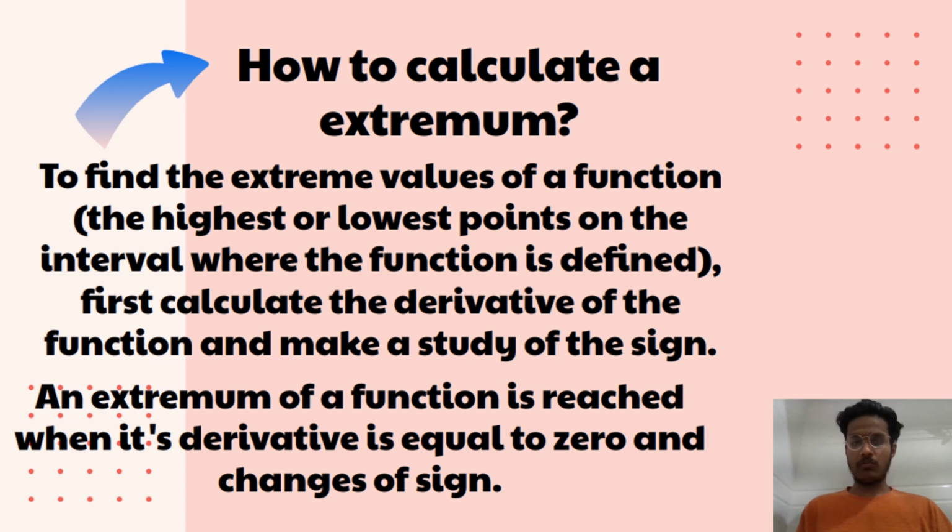An extremum of a function is reached when its derivative is equal to 0 and changes sign. Here we can see how to calculate the extremum value. An extremum of a function is reached when its derivative is equal to 0 and changes sign.